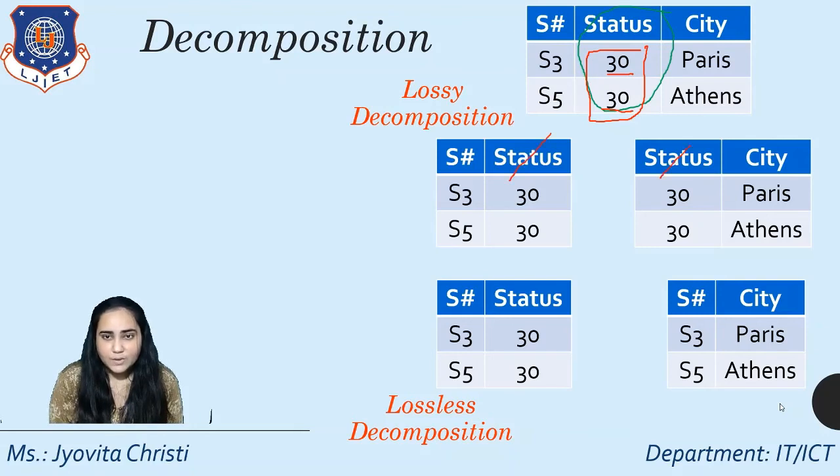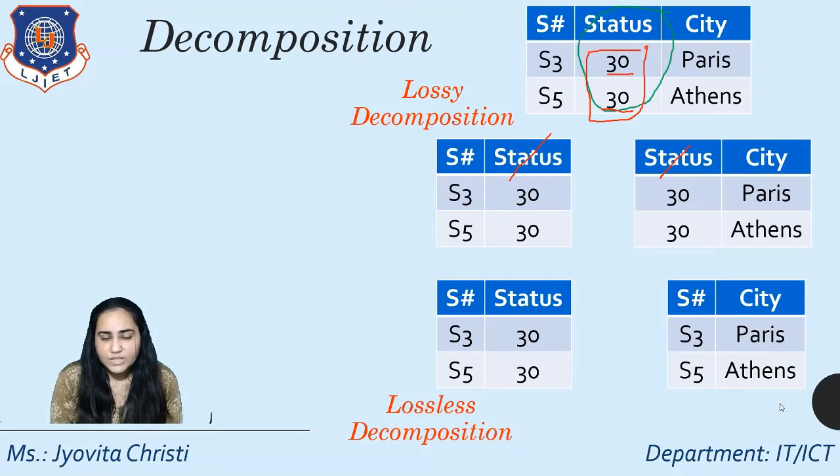So status cannot give you the S hash or the city, because whenever you look at status and I ask you, okay, the status is 30, now you tell me which city that belongs to. You have no answer because it belongs to Paris as well as Athens. So I cannot answer that question. And that is why we cannot use status as a primary key.